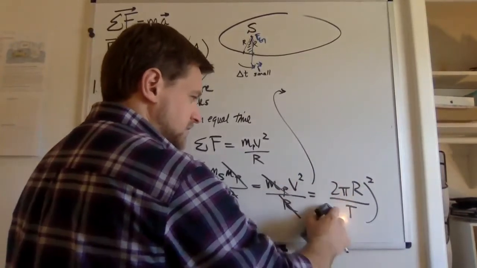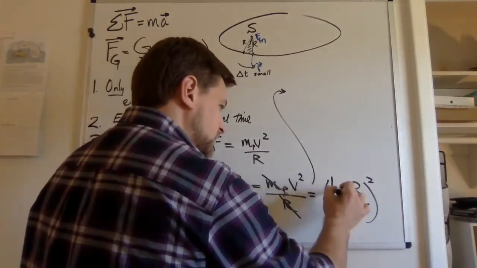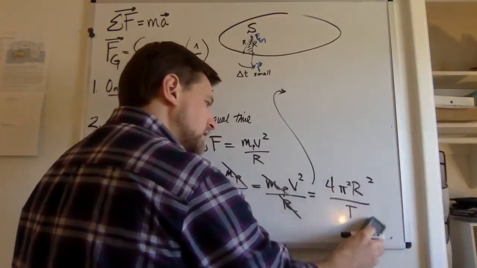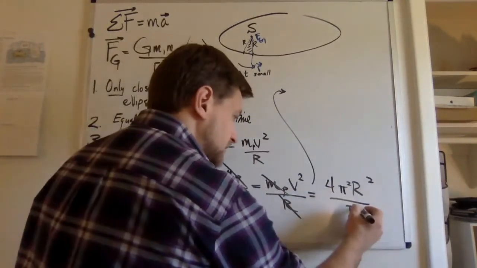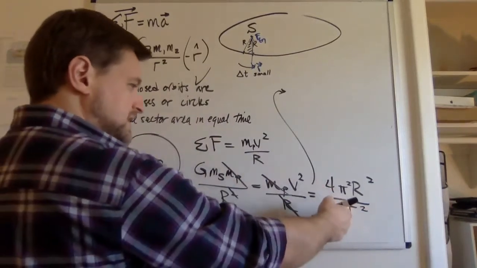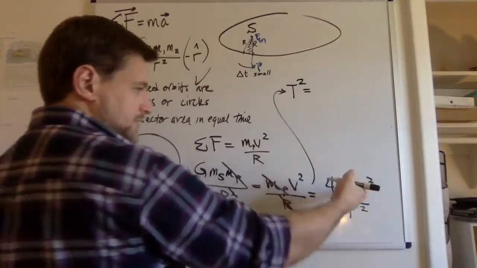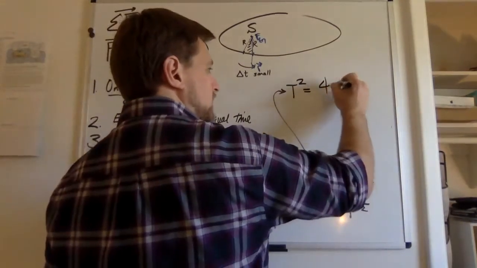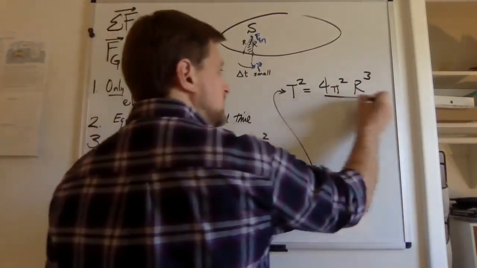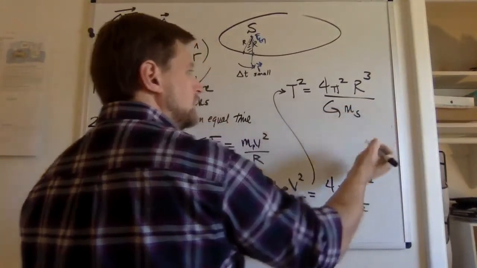So I'm going to square. We got 4 pi squared r squared over t squared. And if we cross multiply and leave t squared on the left-hand side, then r comes over here, 4 pi squared r cubed, divided by G, divided by the mass of the sun.